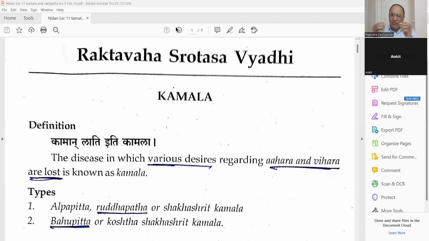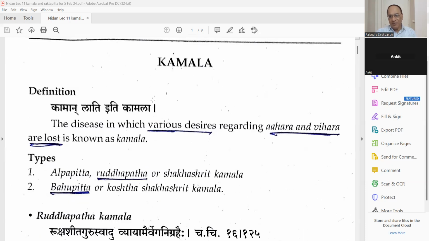So everything is one way or the other connected with Rakta Dhatu, because Rakta Dhatu Sancharana is through the Vyana Vayu throughout the body. Today we will discuss two important diseases, Kamala, that is jaundice, and the second disease that we will discuss is Raktapitta. Okay, so let us start to understand Kamala.